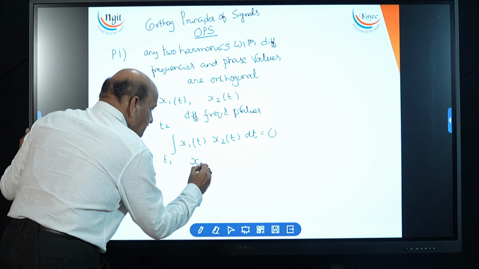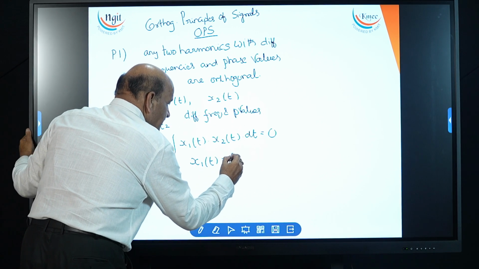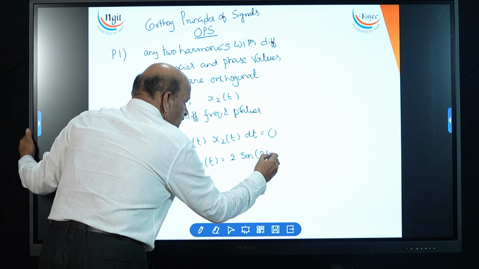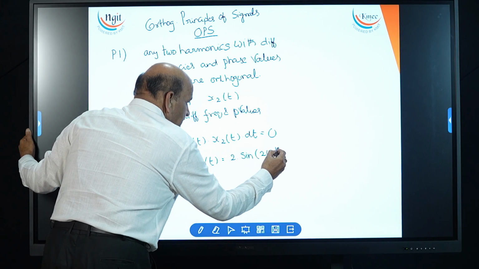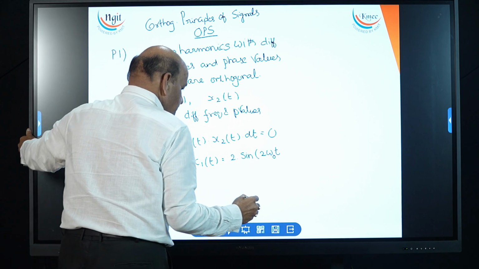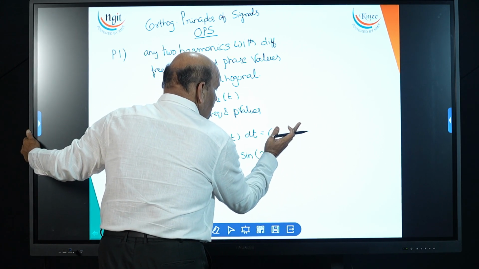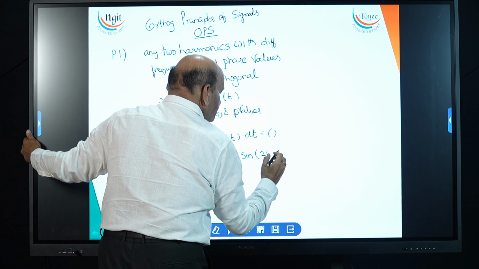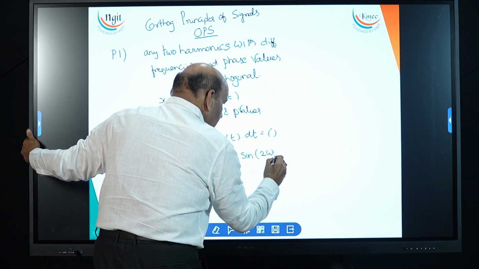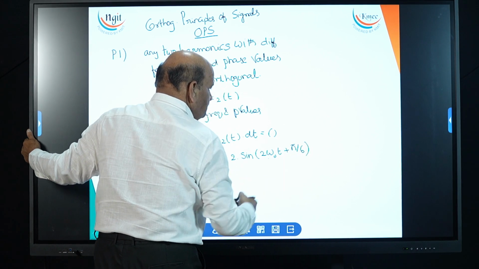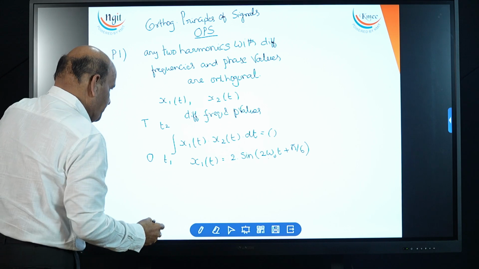For example, just look at one signal. The signal equals, for example, 2 sine of 2 omega naught t plus 5 pi by 6, or pi by 6.